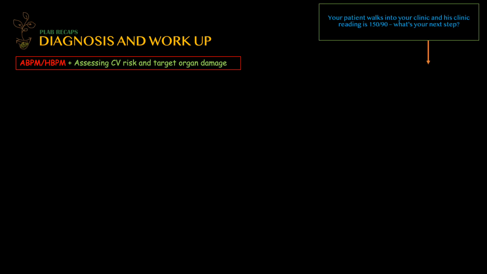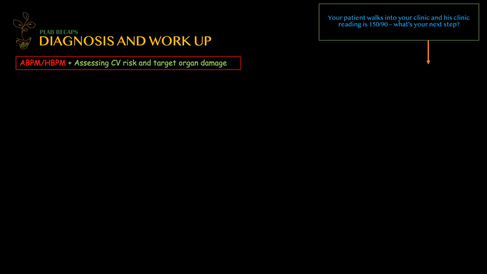Now, let us walk you through a scenario, so it may help you better understand how all this can be put into practice. Imagine your patient walks into your clinic and his clinic reading is 150 by 90. So what is your next step going to be?